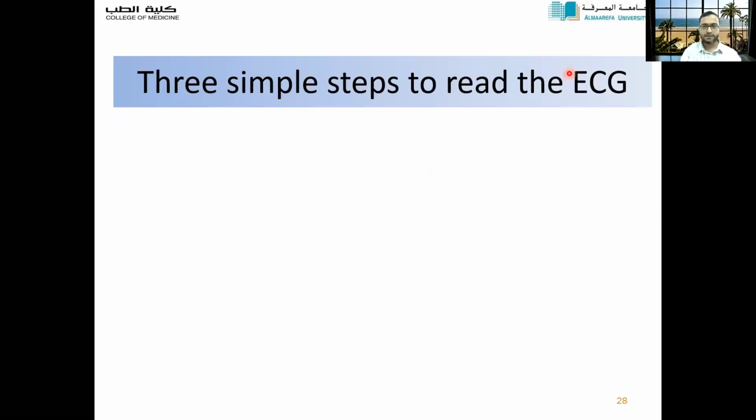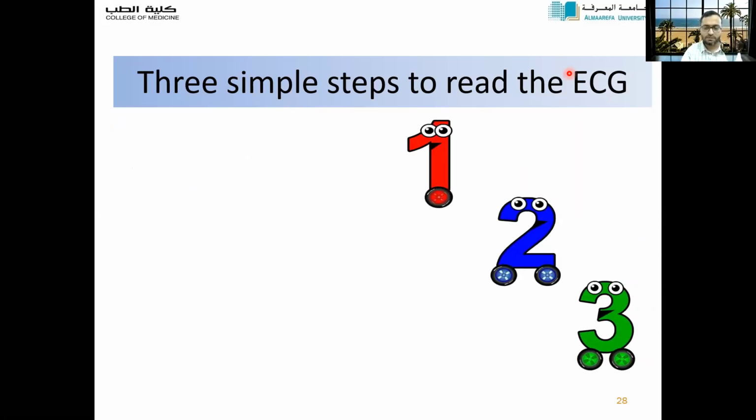So ECG, for the beginners, I always suggest don't skip the steps. ECG reading is one of the most interesting and easiest things in cardiology if you do it in the correct way. But the problem is that whenever we go further, we skip the steps, and that causes problems.